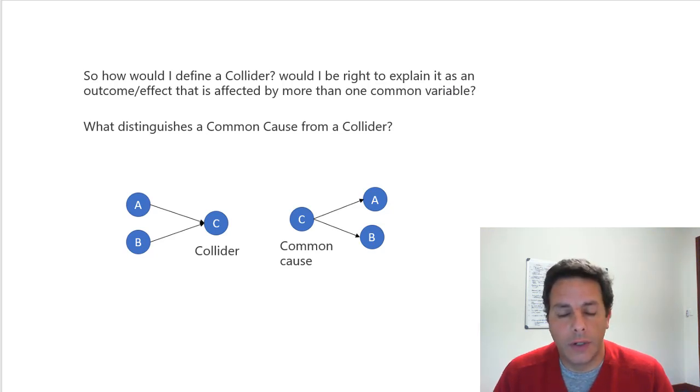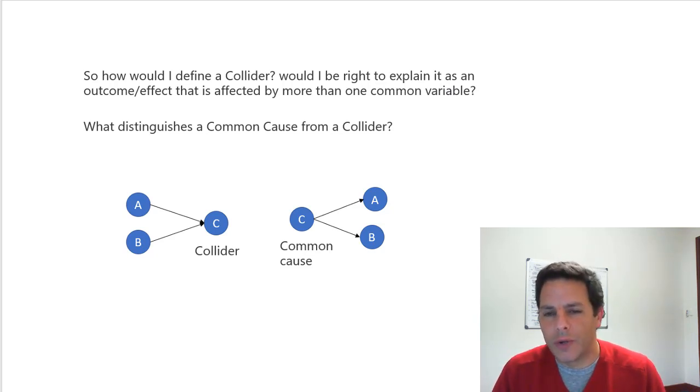So first, let's read the 2 questions, which are very similar or in the same topic. The first one is, how would I define a collider? Would it be right to explain it as an outcome or effect that is affected by more than one common variable? I would say that the answer is almost right.